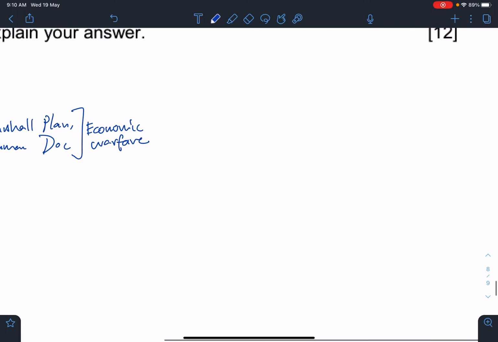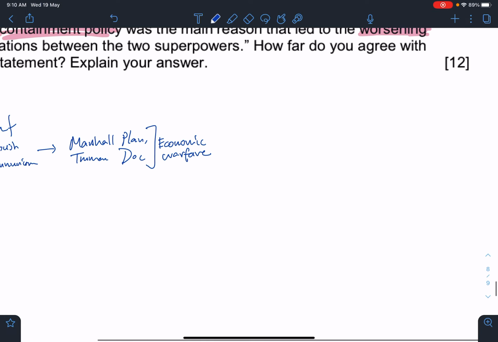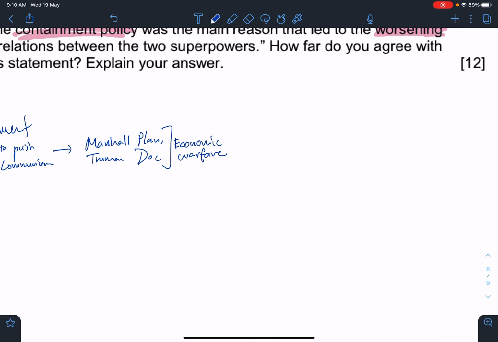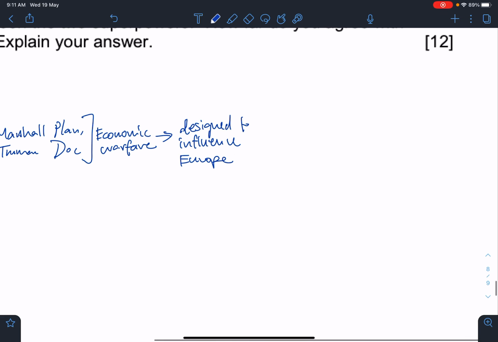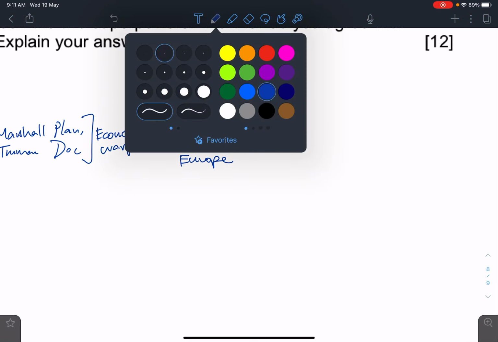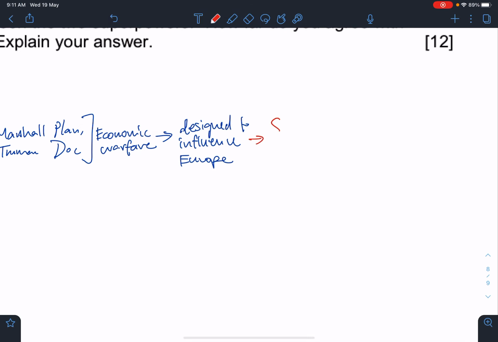And what does it do? It is designed to influence Europe, right? And what was the response? The Soviet response was Comintern and Comecon.